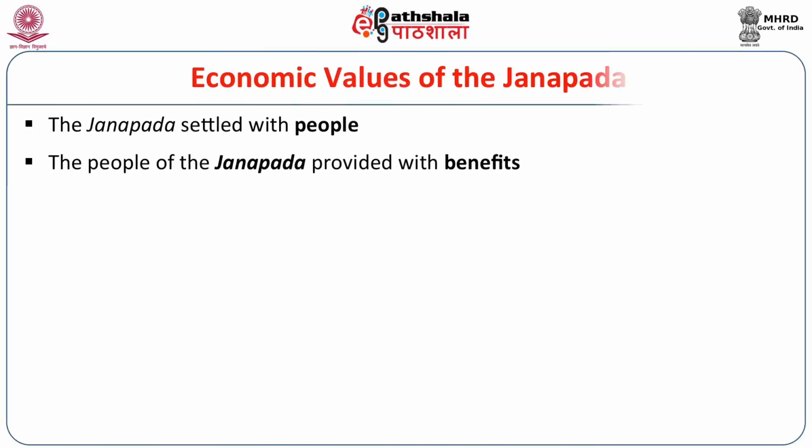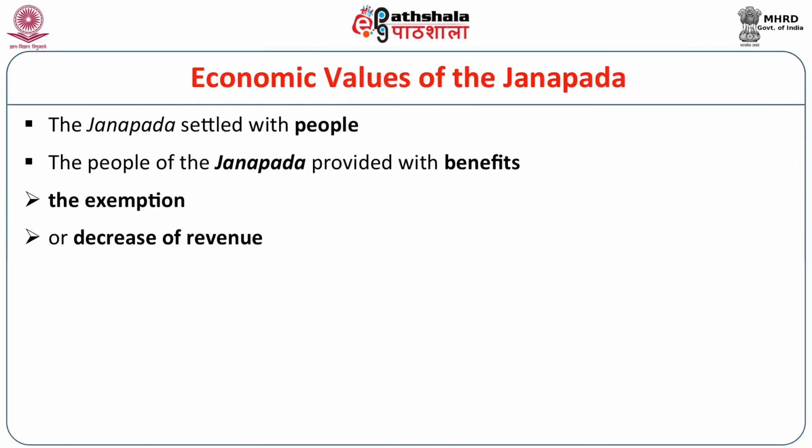The people of the Janapada were not only Shudra populations; there may be people from outside areas as well as from areas within the kingdom. So, they must be provided with some benefits. Number 1, exemption, and number 2, decrease of revenue, so that people could be attracted to settle in a newly created Janapada.